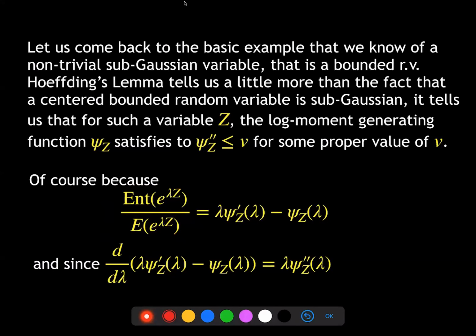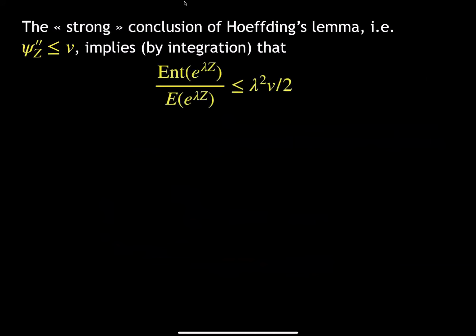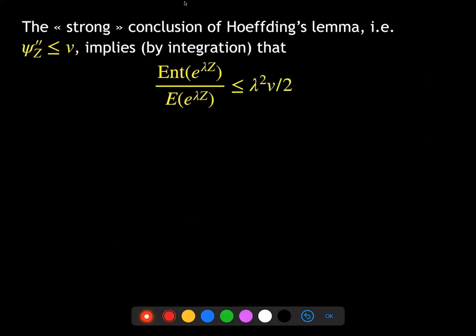So this means that if you use the stronger conclusion of Rodin's lemma, which is that psi second is under control, then if you integrate the preceding inequality, you get that the ratio between the entropy of exponential lambda Z and the moment generating function is controlled by lambda square V over 2.